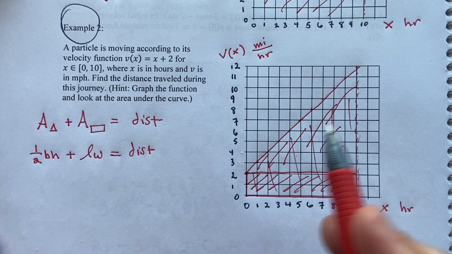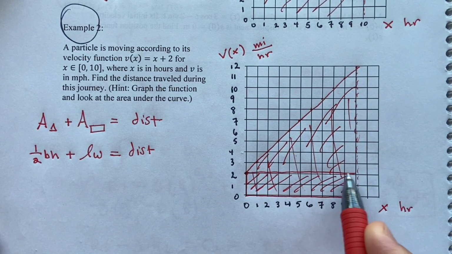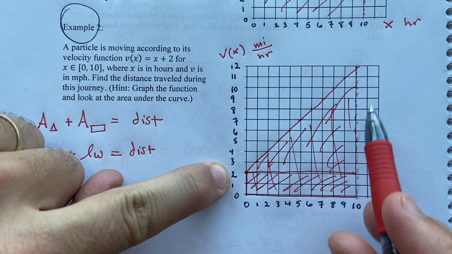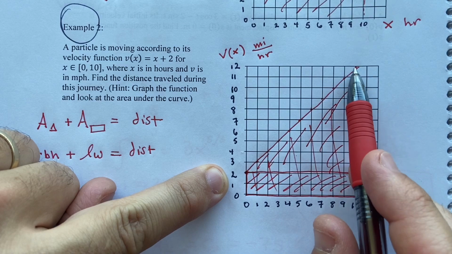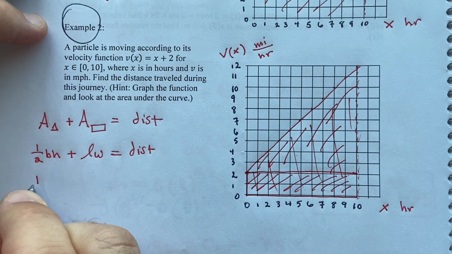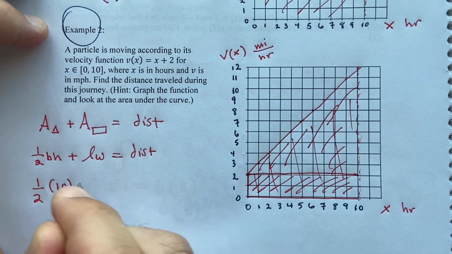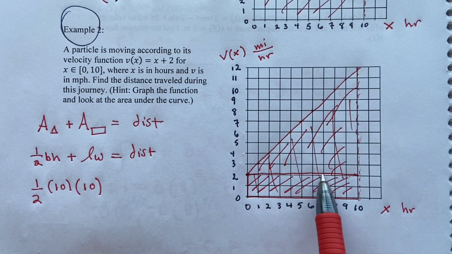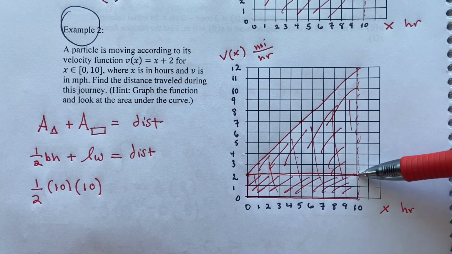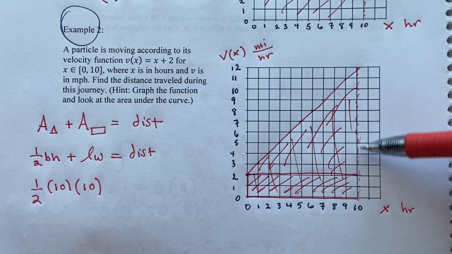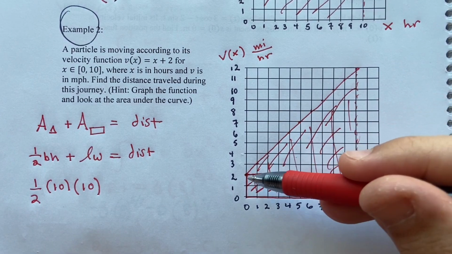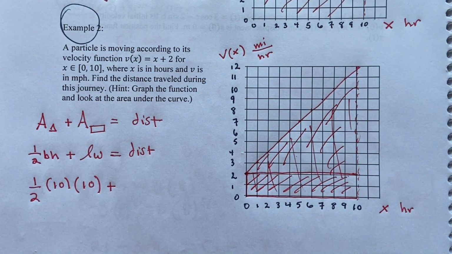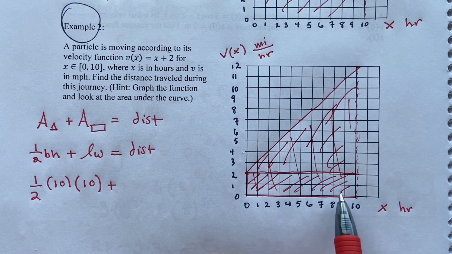So starting with the triangle, it looks like we have a base 10 and a height going from 2 to 12. So we have a base 10 and a height of 10. So I'll have 1/2 times 10 times 10, right? 10 for the base. And going from 2 to 12 means we have a 10 for the height, just for the triangle, right? I'm just talking about the triangle. And then I'll need to add to that the area of this rectangle here.